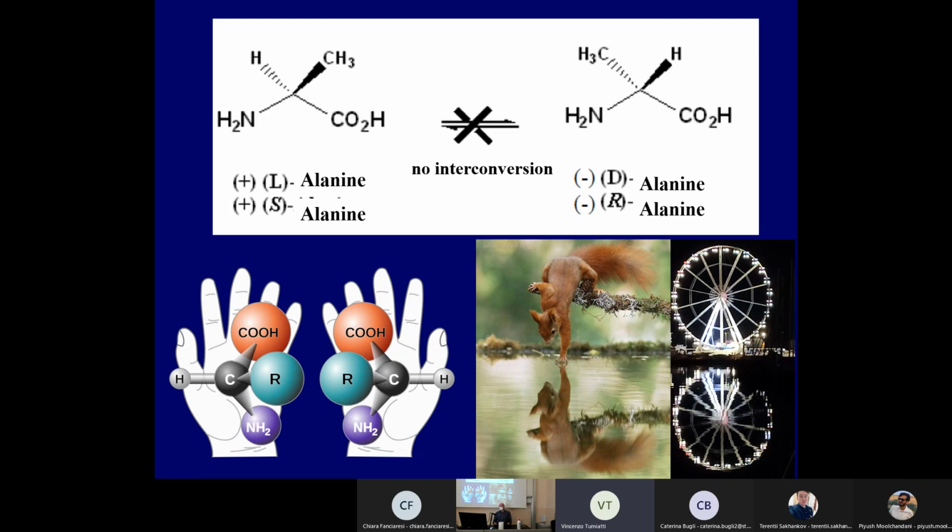The most common case is related to the amino acids. Natural amino acids belong to the L series, and the non-natural amino acids belong to the D series. This means that normally in all proteins you find amino acids of the L series.